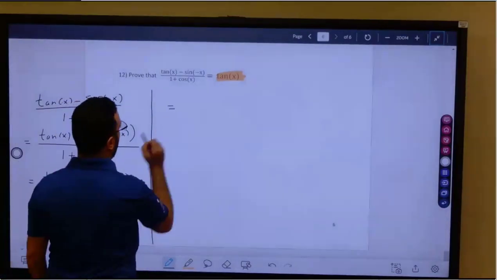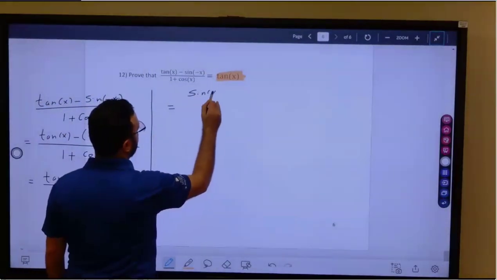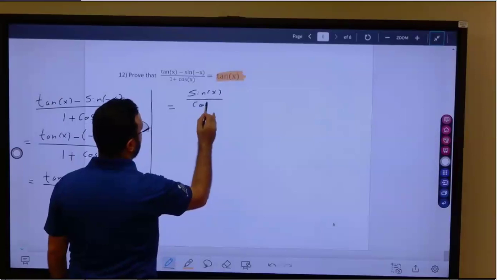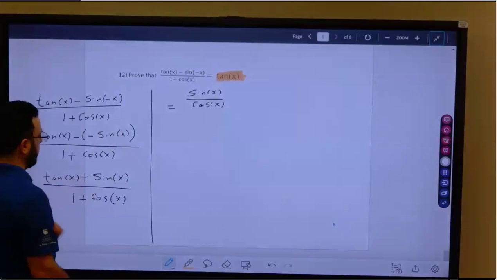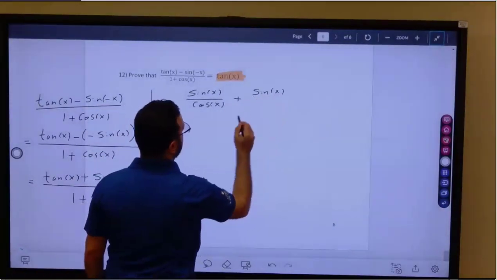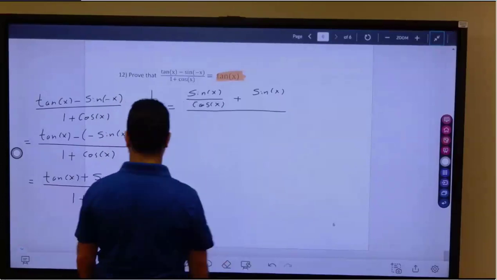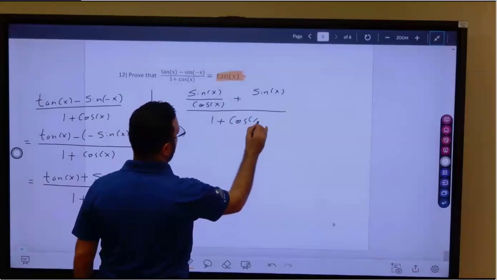So this tangent equals sine x over cosine x plus sine x, and everything divided by 1 plus cosine x.